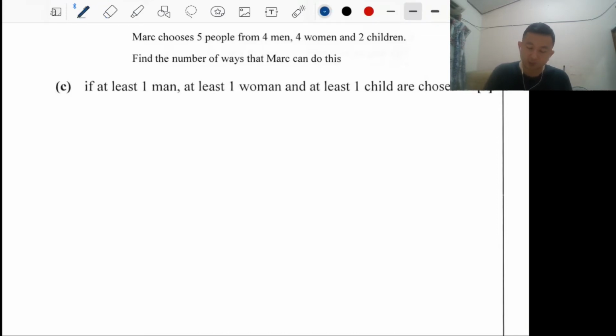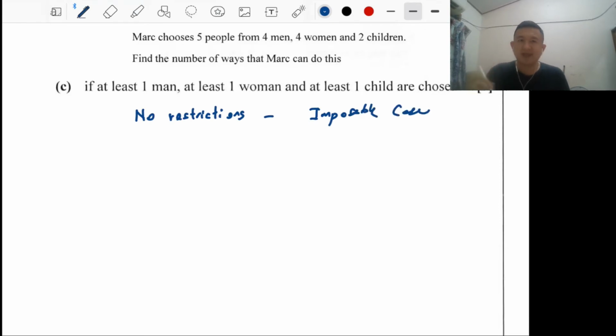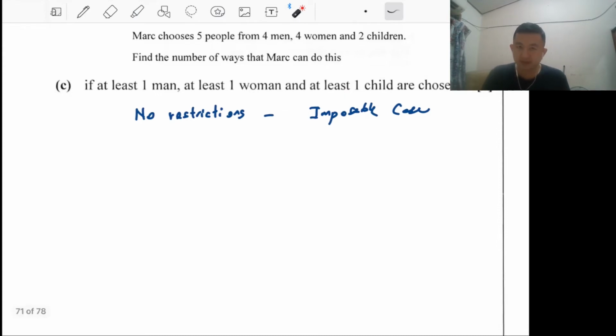The shortcut is the one with no restrictions. The number of ways of selecting 5 people out of 10 with no restriction minus the impossible case. Impossible case meaning the case that did not fulfill the criteria of 1 man, 1 woman, and 1 child. What are the criteria that are not fulfilled? At least 1 man. The impossible case, the opposite case?